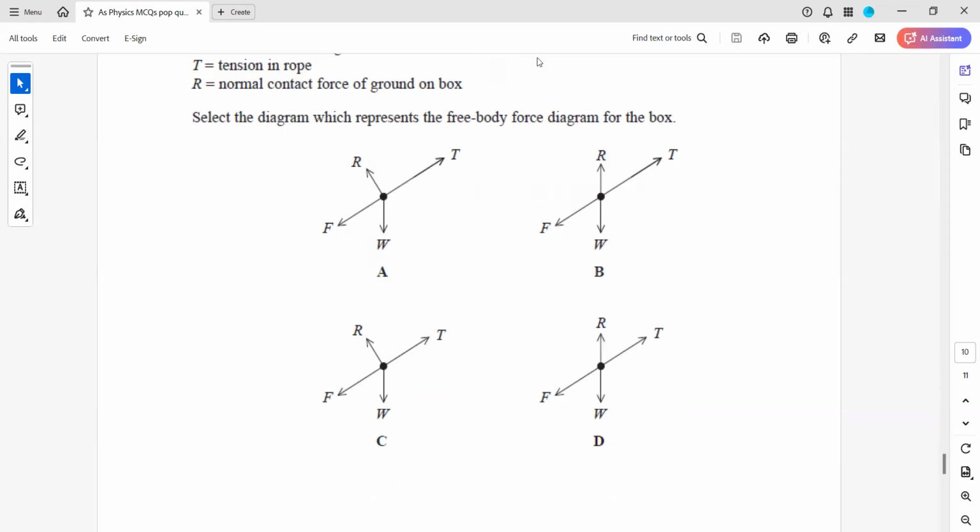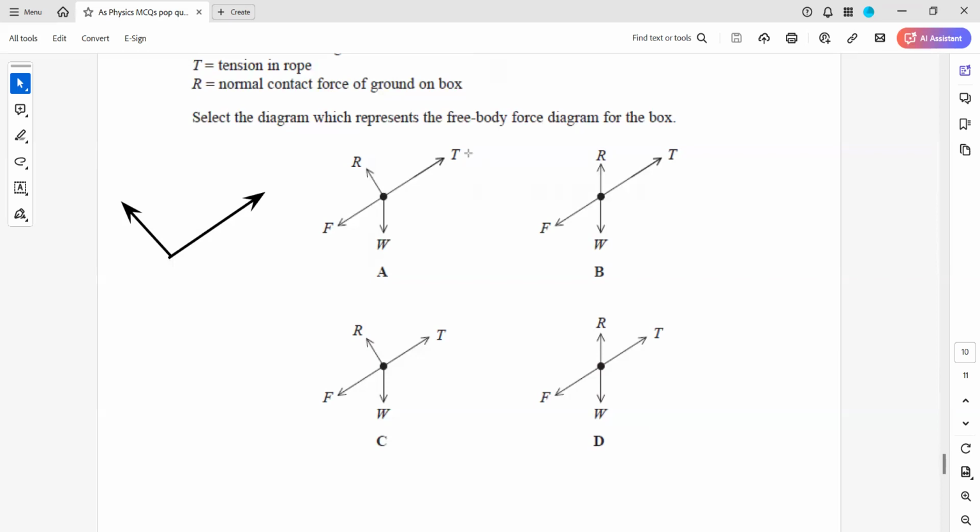If you check, this is a tension. Here is an R, W, and the friction. So why did we not draw the same length for the friction and the tension?